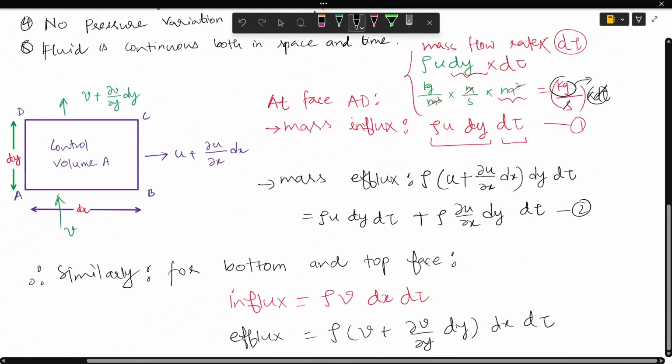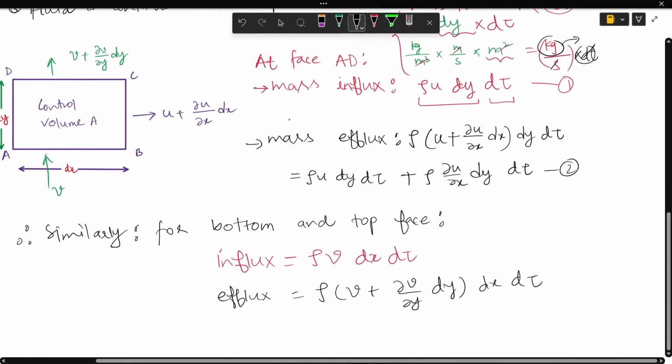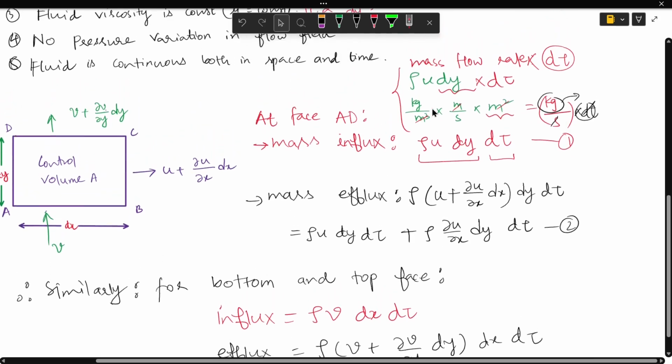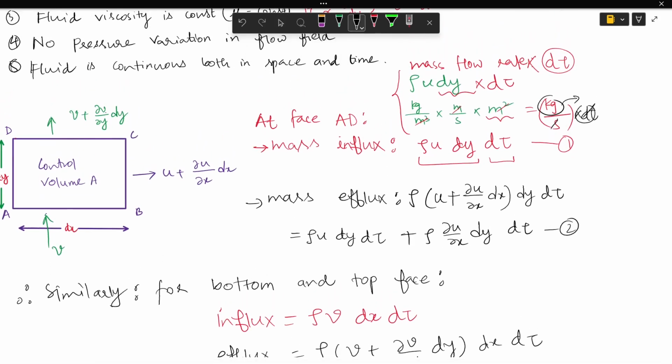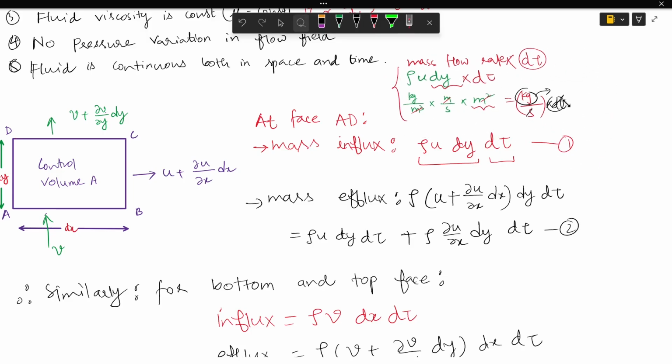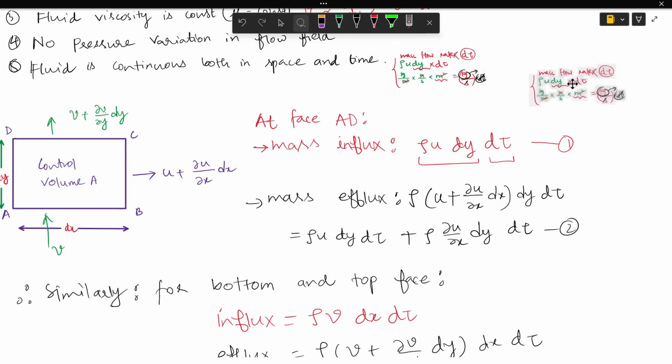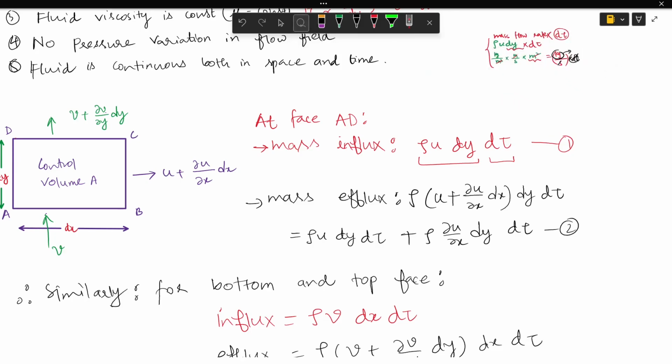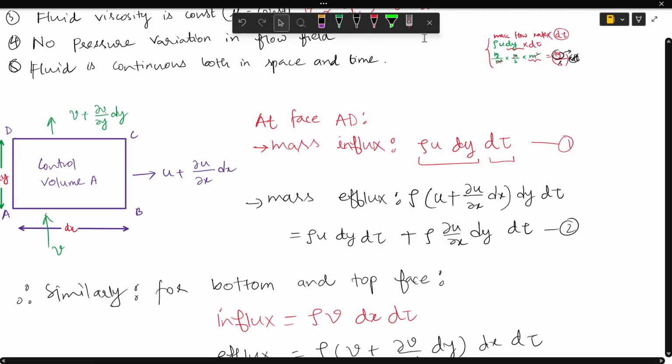Okay. So I am already done with the explanation of why I can write things like that, right? So let me just make it a little bit smaller so that it doesn't bother you. We can just keep them in our mind. Okay, so that's it. So this is the mass influx, rho u dy d tau.